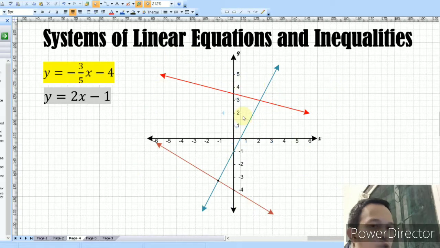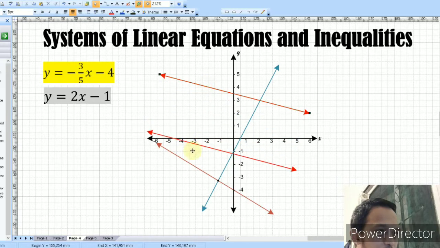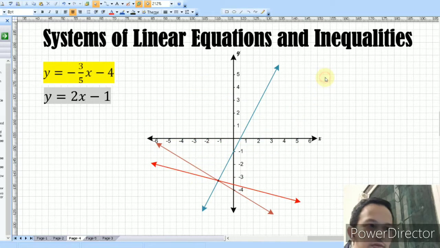But if we have a different case like this one, where the system consists of three linear functions and we try to find the intersection of all of them, the solution is here. This is the solution of the system, the coordinate of x and y at this position. So we have just one solution.